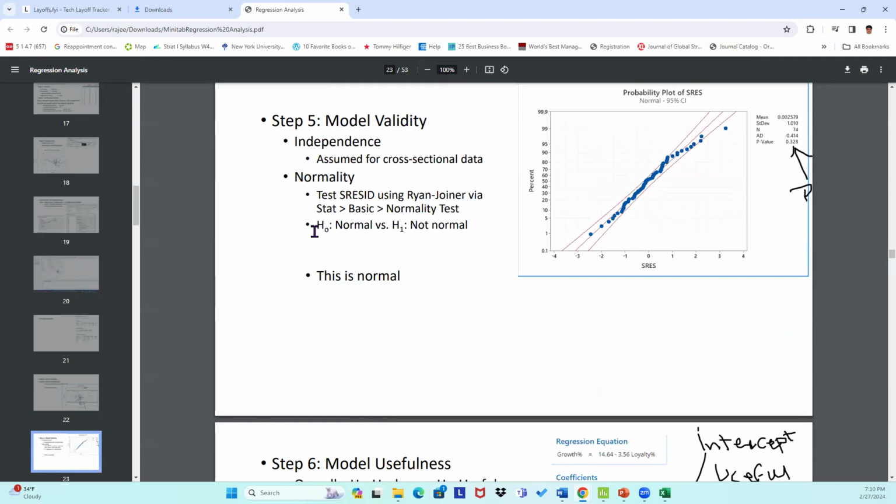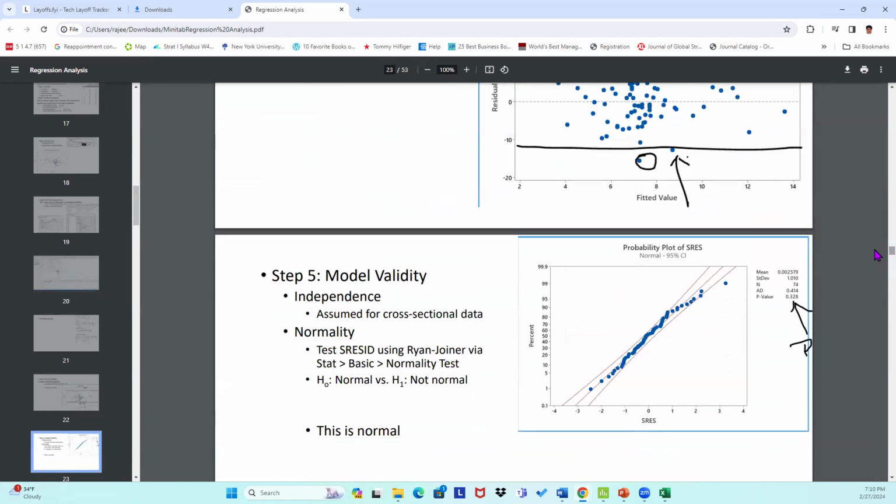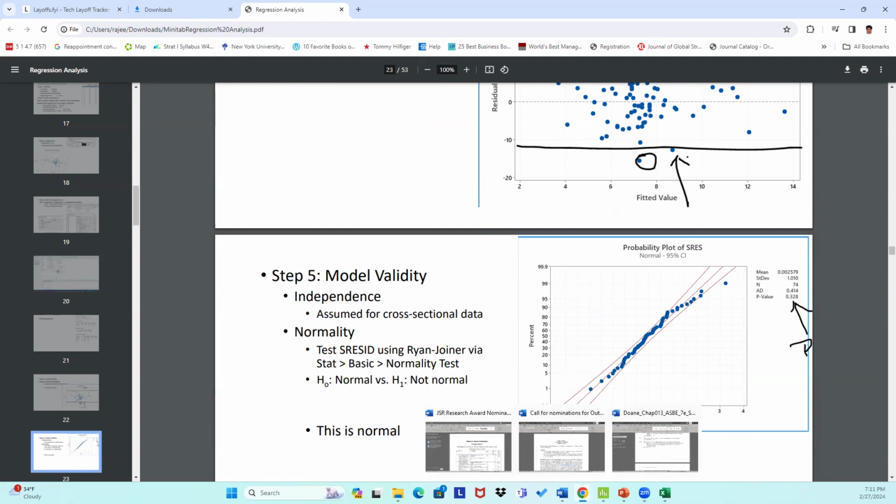So here, H0 is normal versus H1 is not normal. If you get a p-value more than the threshold, then you can say it is normally distributed. But in our case, when we looked into it, it is not normally distributed. You can also see some numbers coming here in our Minitab outcome.